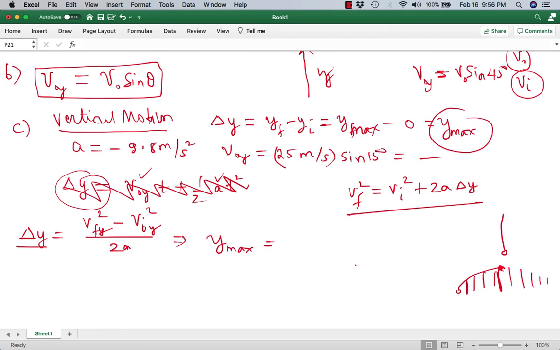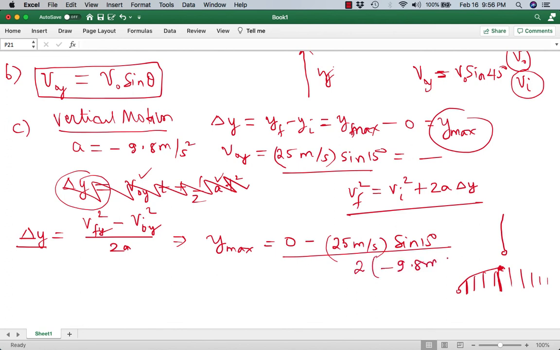That means at the highest point its velocity is 0, and then initial velocity is that, which is 25 meters per second sine 15 degrees, over 2 times a, which is negative 9.8 meters per second squared. So do the calculation, you get the maximum height.